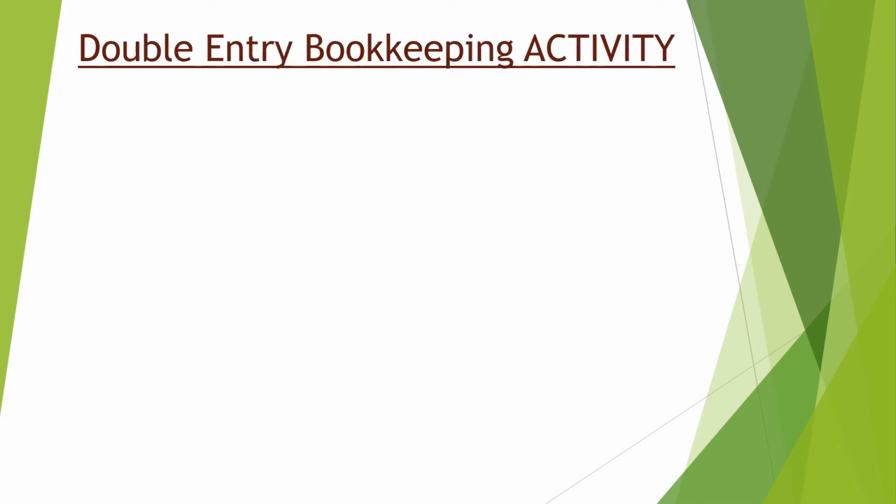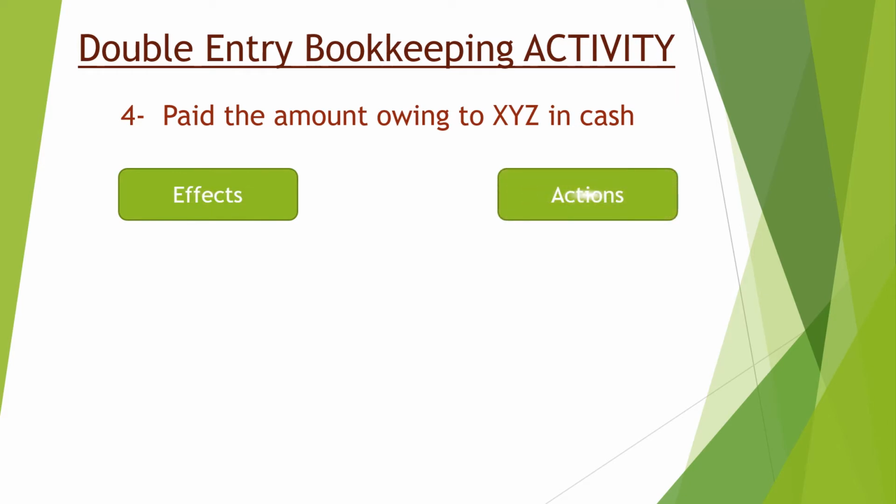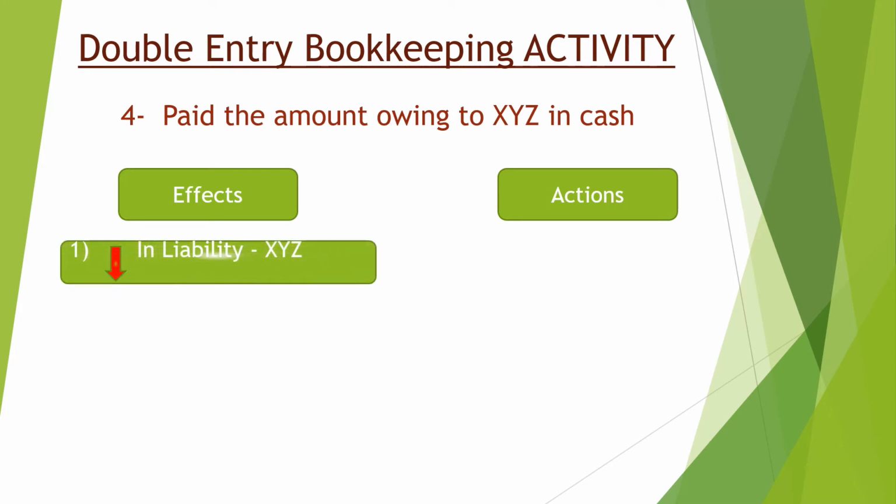Now in another example, we can see that the company paid XYZ. Now we will see the effects and the actions. The amount owing to XYZ is paid in cash. The first effect is decrease in liability, XYZ. When the liability decreases, it is debited.